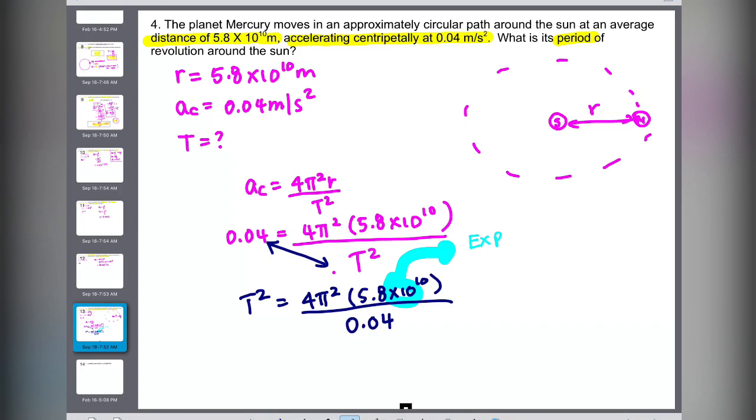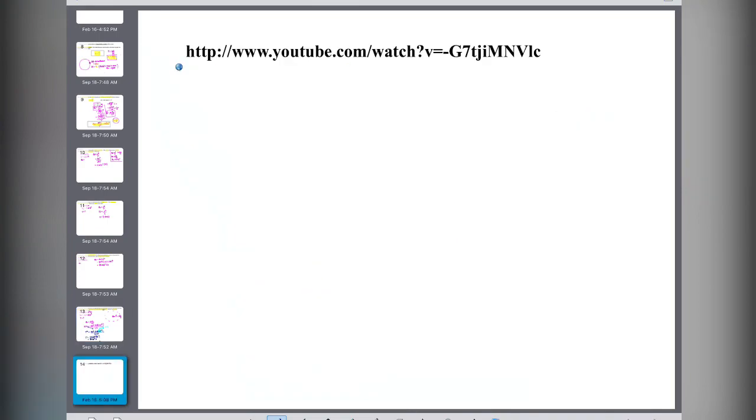So you would go 4 times pi squared times 5.8 EXP 10 divided by 0.04. And then you would need to take the square root of that because we were calculating T squared. So T after the square root, okay, the humongous number. You put it back into scientific notation with 1 sig fig. Oh yeah, this is horrible, it's 1 sig fig. So I have 8 times 10 to the 6 seconds.